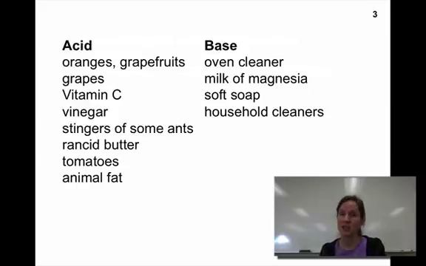Soaps and cleaners are bases. A lot of stomach type medicines, Pepto-Bismol or antacids, those are actually bases. So you see right away, acids are food products, bases generally are not. Now we have some foods that are bases, pure chocolate, coffee, things like that have base properties to them.